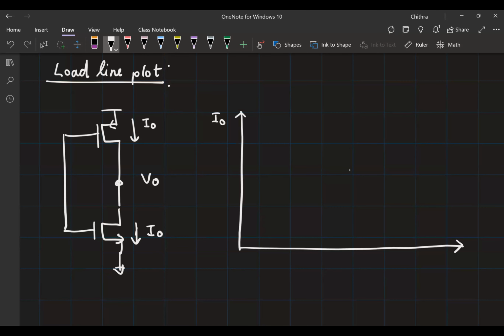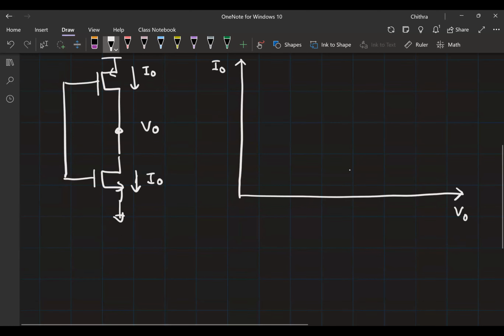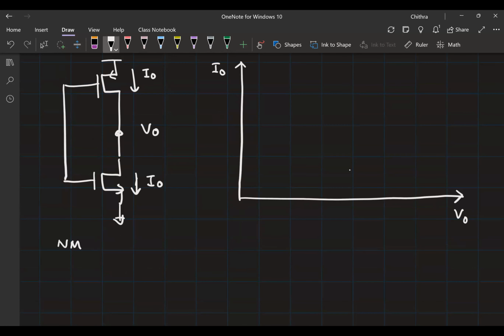We want to do I0 versus V0. Now quickly tell me, for the NMOS, what is I0? This is the same as the drain to source current for the NMOS, right? And what is V0? It is the VDS. So you're basically looking at the ID versus VDS plot for the NMOS.